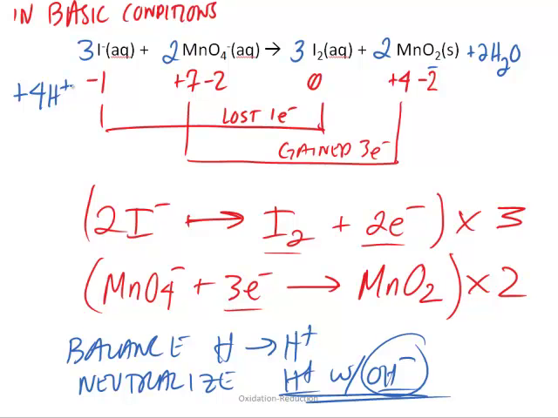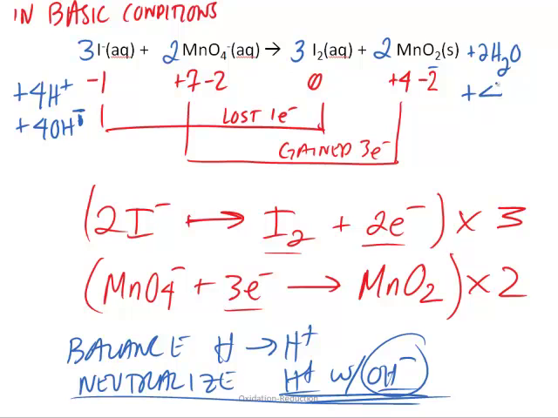Okay, then I immediately neutralize those with hydroxides. So what am I going to do? I'm going to add hydroxides to both sides. So this is going to be plus 4 hydroxides, plus 4 hydroxides.